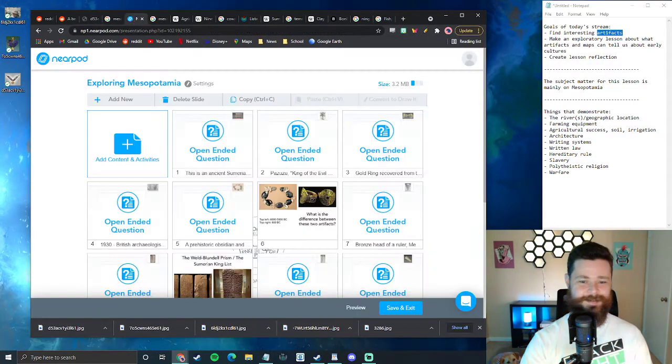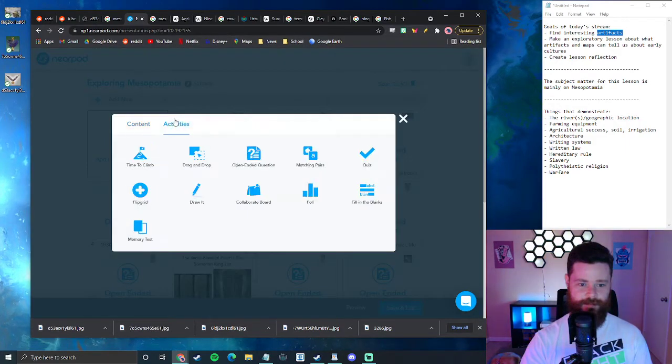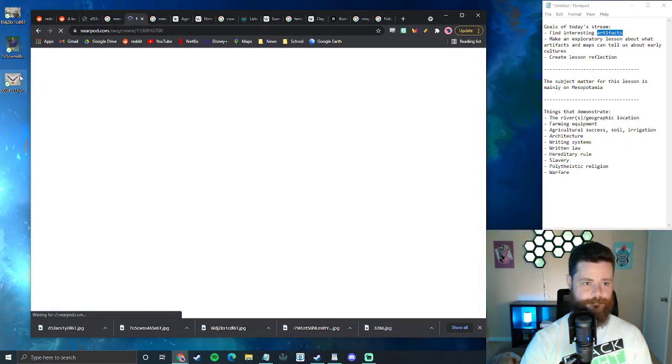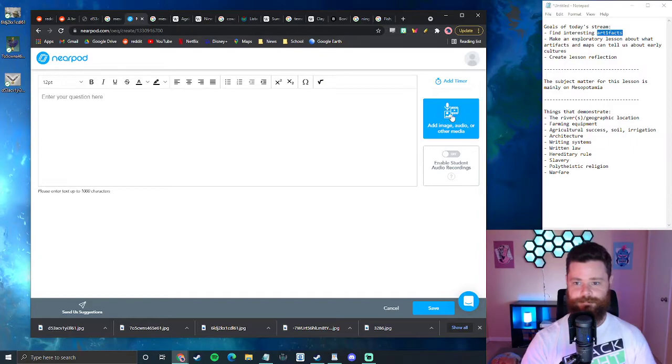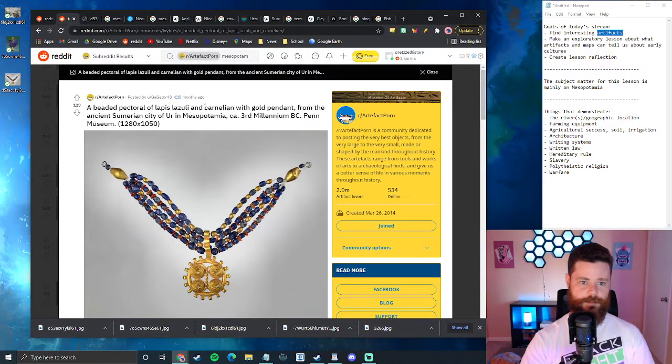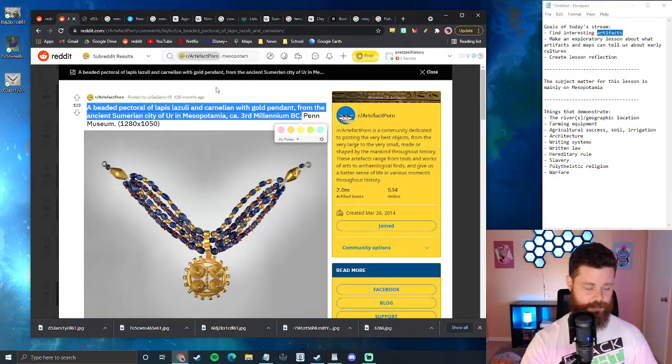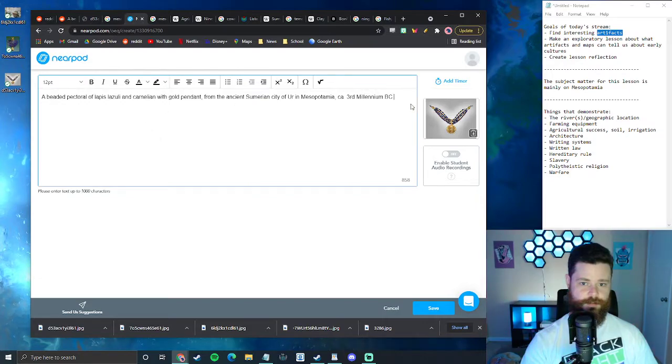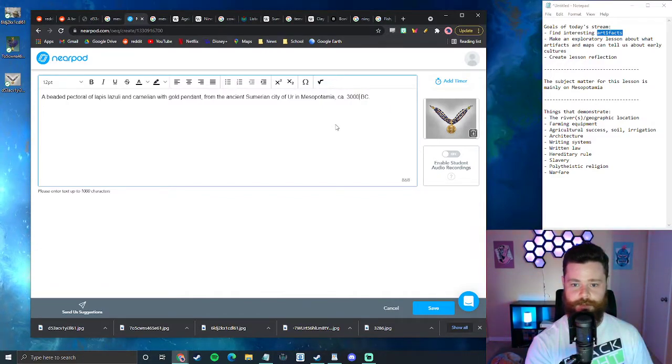Okay, so we have the necklace, and how would we describe this necklace? 3rd millennium BC. So we could just say, because we would already go over centuries, let's not overcomplicate it for them.